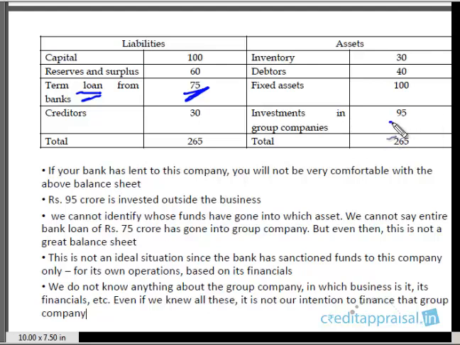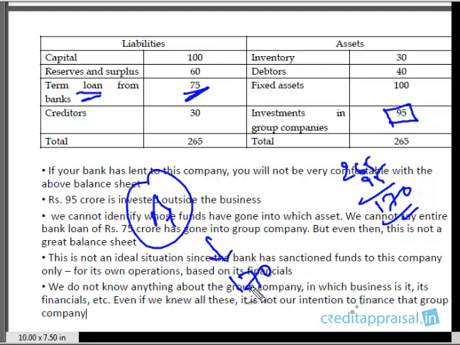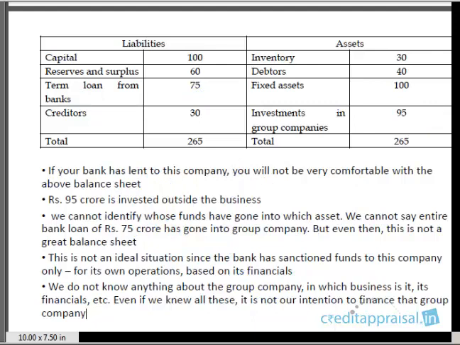Actually, let us deduct this 95 from the asset side. 265 minus 95, right? This is 170, right? So if you see, in this business B1, only 170 lakhs are put into this business B1. See, if you think of the liabilities as sources of funds, this is something which you already discussed.